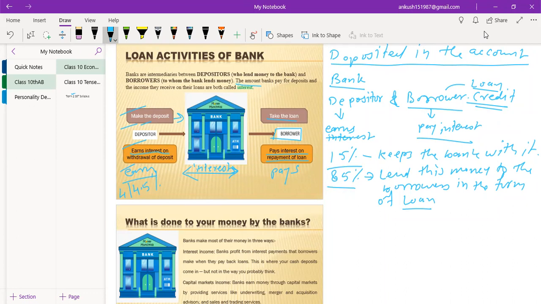But whenever it gives a loan to the borrower, it levies a high rate of interest, let's say 10% or 12% or 18%, and the rate could go up to 30%. Have you got? Till 30%. 30% is too much, right? Yes, it is too much. But okay, I'm telling you in terms of all the banks.